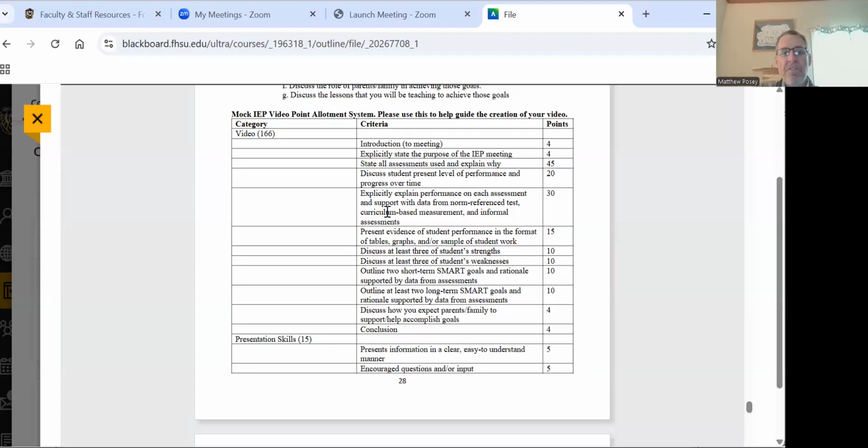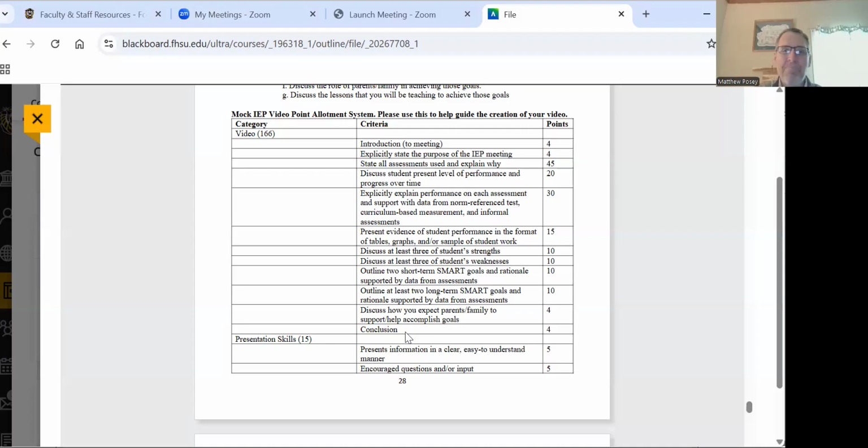These are the areas. If you follow this format right here, from the introduction down to the conclusion, and just have that in front of you and watch and make sure you're covering all those areas, you're going to be fine. Okay. One of the big things I'm looking for, because you've already done all the assessments and you've got the data, is that in this video I'm really focusing on the presentation.